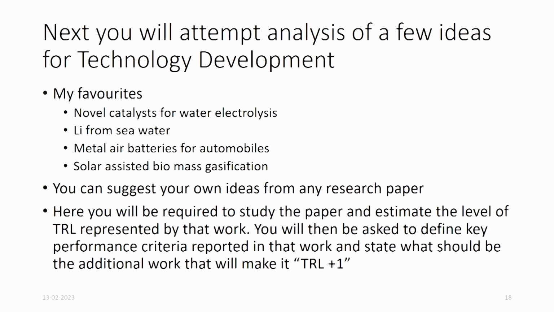Then another approach: lithium ion is the most commonly used, there are cars running with lithium ion batteries. Okay. Another research says I have a metal air battery which is in some way better, and you can take that paper and do a TRL analysis. And at a smaller scale, biomass gasification is well known, right.